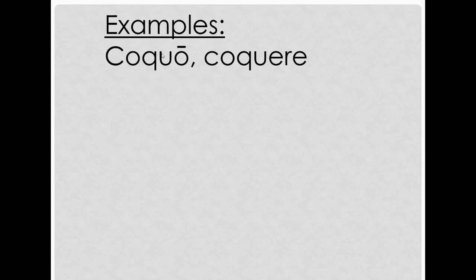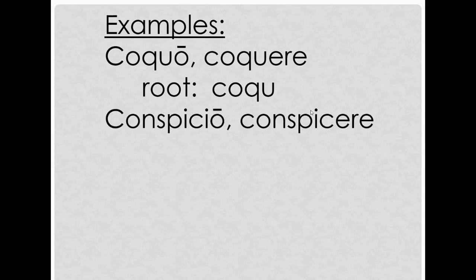I have to go to the first principal part and cut off the O. And some of you who are very observant, intelligent students will go, isn't that just the same? It's not. Okay, I need you to trust me on this. Just cut off the O. So the root for this verb, which means to cook, is COQU.